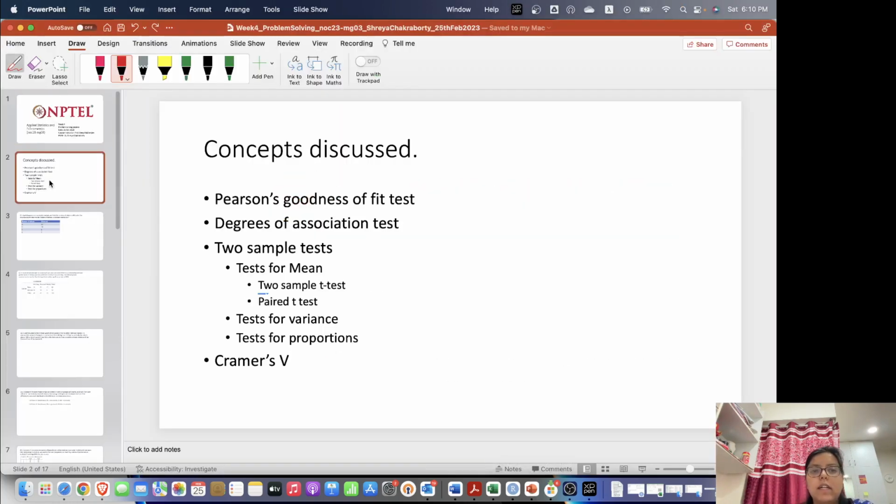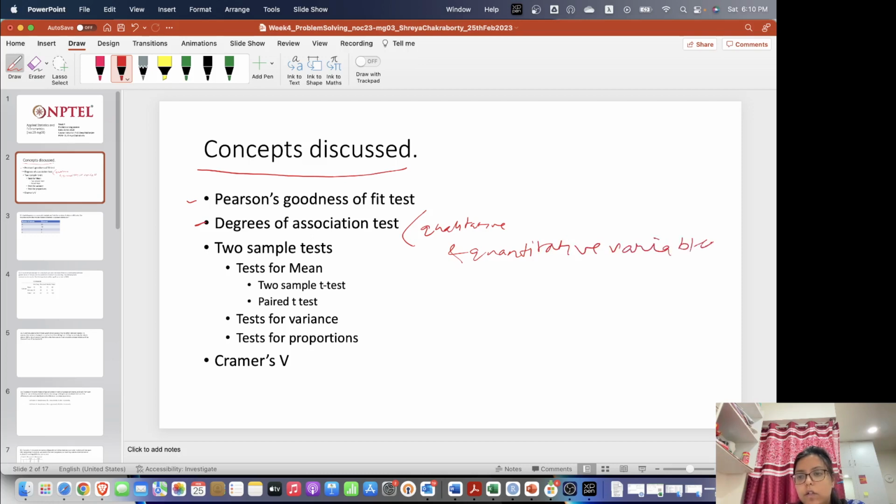So, briefly, I'll touch upon what was discussed. These concepts were discussed: Pearson's goodness of fit test, and degrees of association between qualitative and quantitative variables.